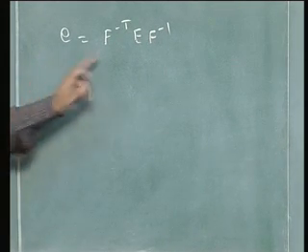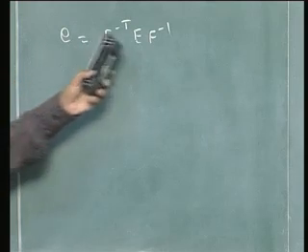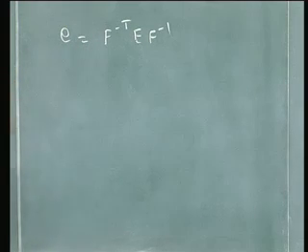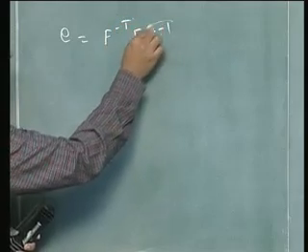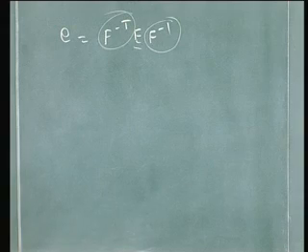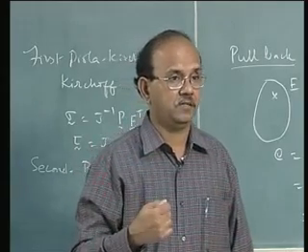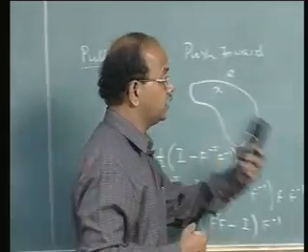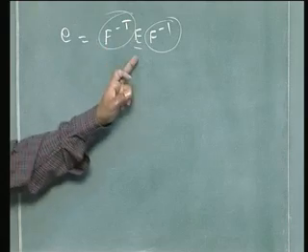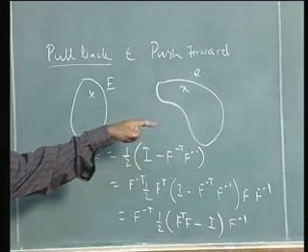Look at that expression there. What does that operation do? It pulls back E, this operation, in the sense that F inverse post-multiplies E and F inverse transpose pre-multiplies E. What does it do? It pushes forward the capital E, the Green strain, which belongs to the reference configuration, to small e, which belongs to the current configuration.